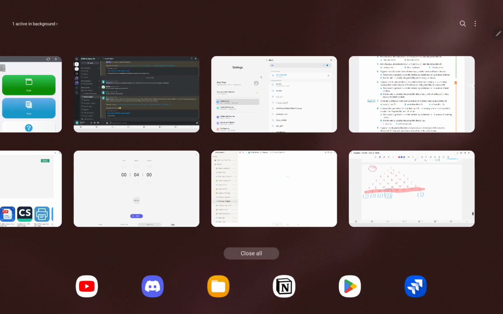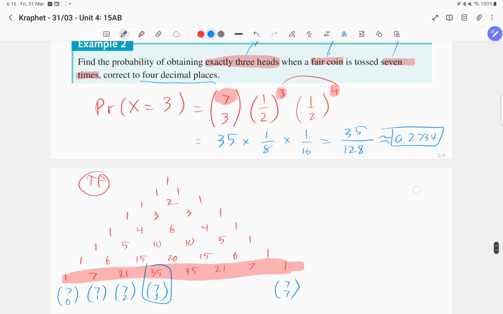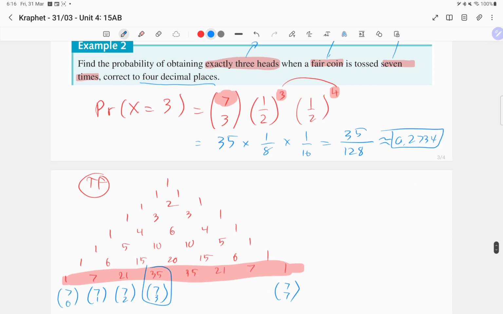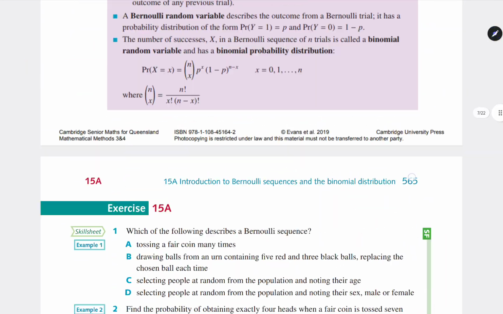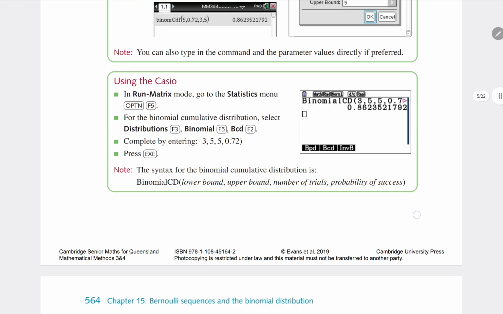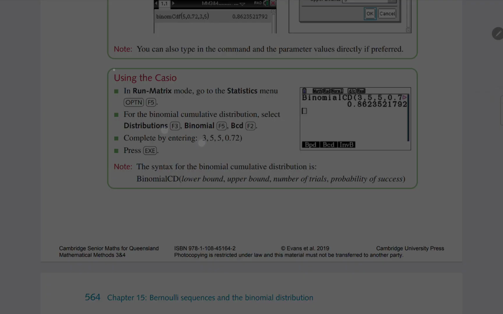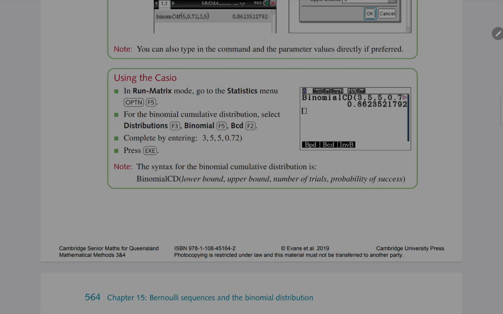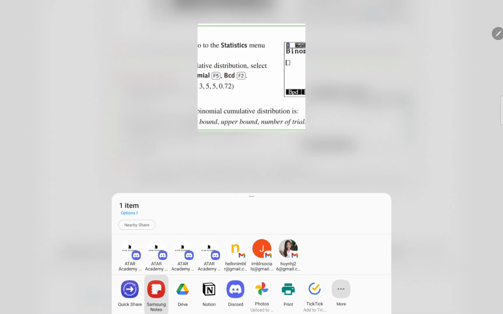For these questions, I want you to write down using the formula and then use the faster way in the calculator to get straight to the answer. It looks something like this. This is what you do with the Casio one.